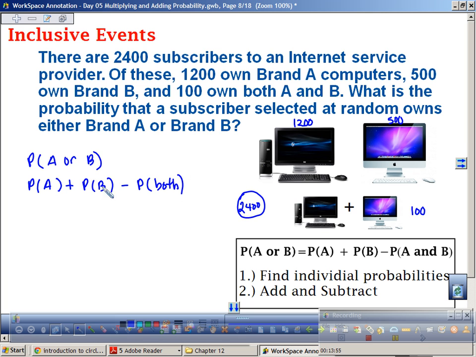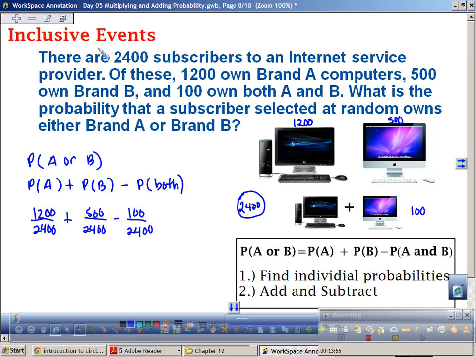So the probability of A would be 1,200 out of 2,400. The probability of B would be 500 out of 2,400. But then we have to subtract the ones that have both, which would be 100 out of 2,400.